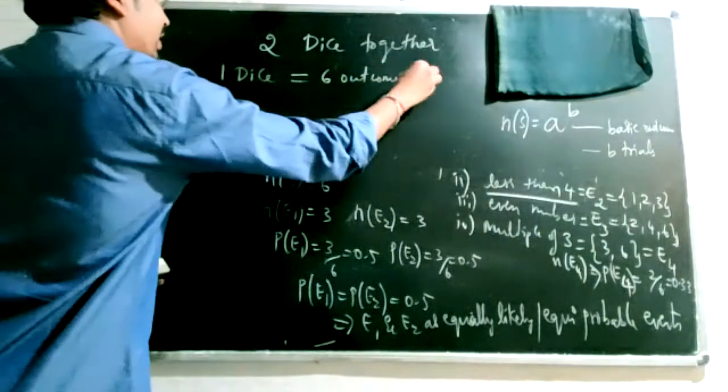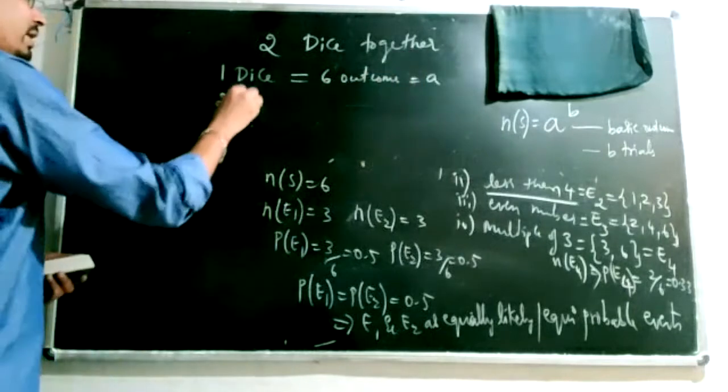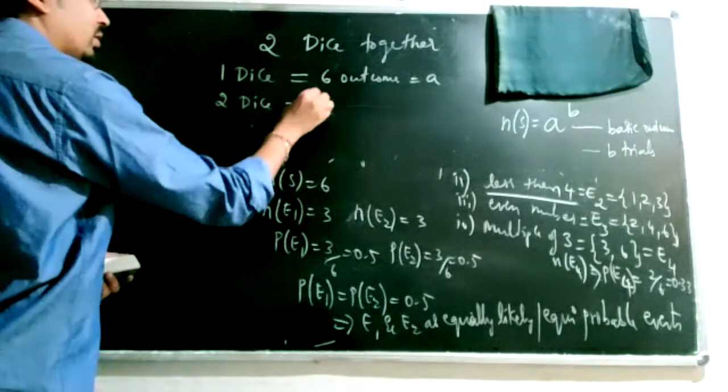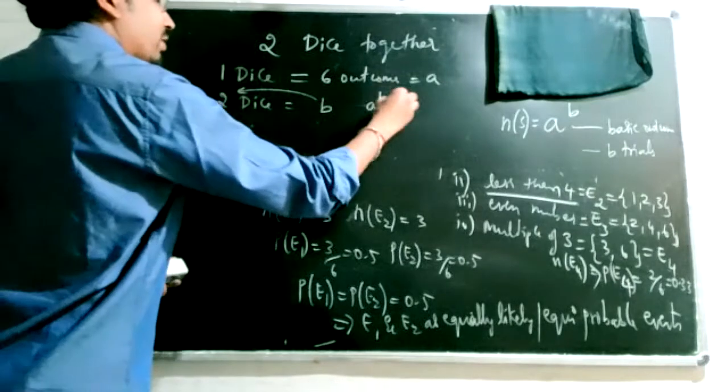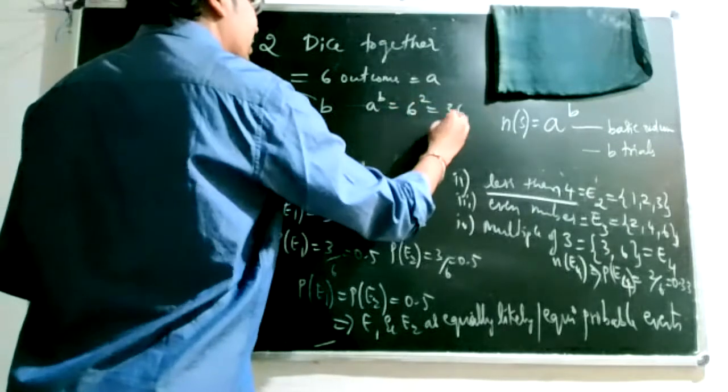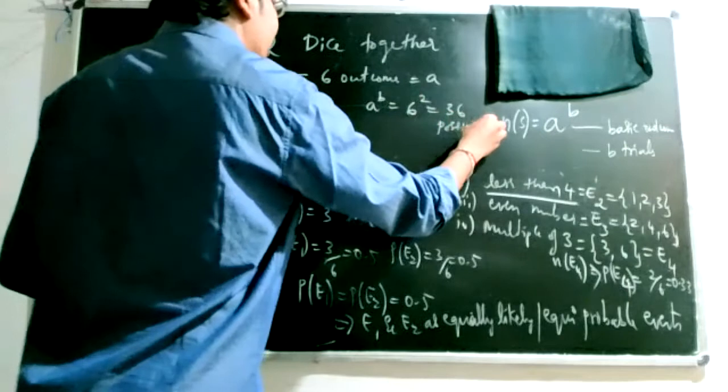This is our A. If I repeat it twice, then I'll have A power B, which is 6 power 2, which is 36 outcomes, 36 possibilities.